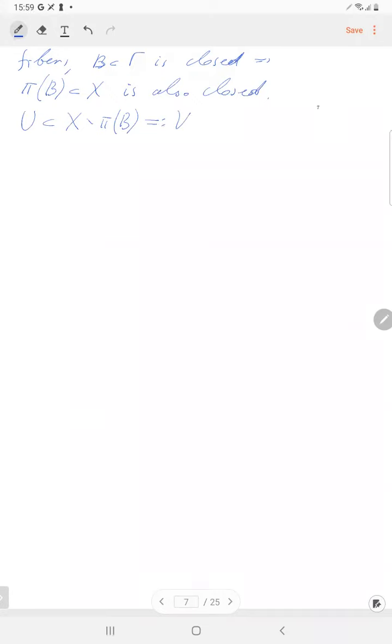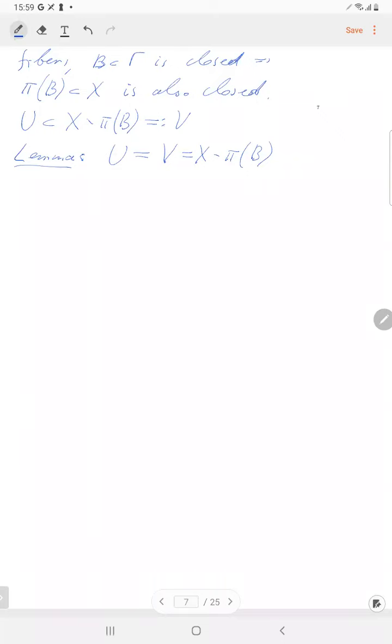Okay, and now let's prove the key claim that U is exactly V. So U was the maximal open set where our morphism F was well defined, regular.